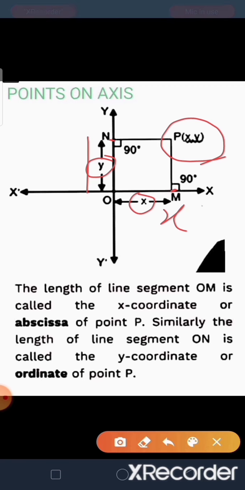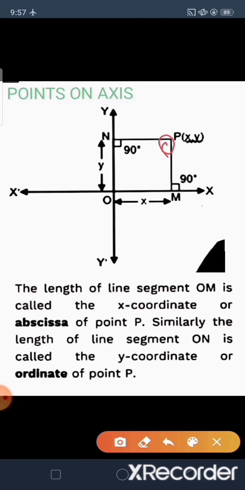Here the length of line segment OM is called the x coordinate, also known as the abscissa. For any point P, the value on the x axis is known as the x coordinate or abscissa.